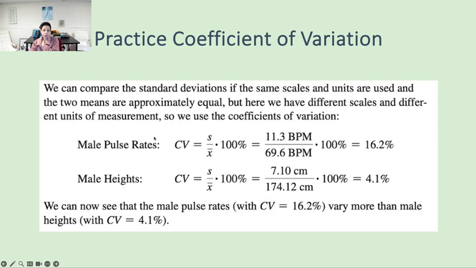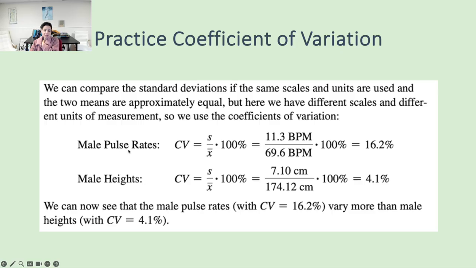For the pulse rates, the standard deviation was 11.3 and the average was 69.6. 11.3 divided by 69.6 times 100 is 16.2%. For the height, the standard deviation was 7.1 centimeters divided by 174.12 centimeters, the mean, times 100 is 4.1%.